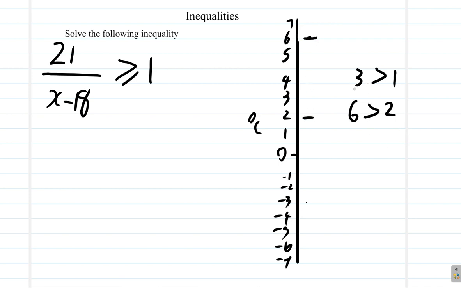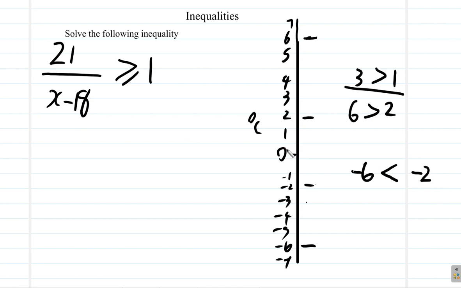But if you multiply both sides by -2, you're going to have -6 comparing with -2. -6 is down here, -2 is up here. Obviously, -6 is below -2 on the negative side, so it's going to be -6 is less than -2. So you see how the signs switch around. You have 6 is greater than 2, -6 is less than -2.